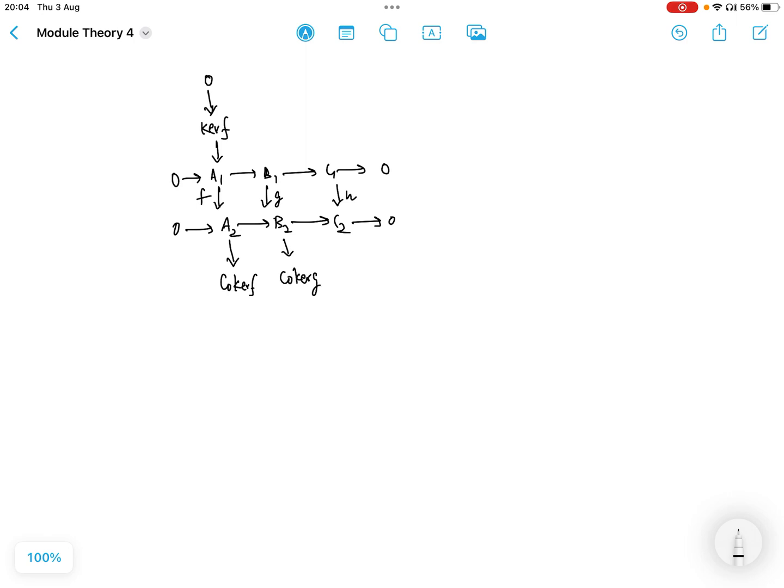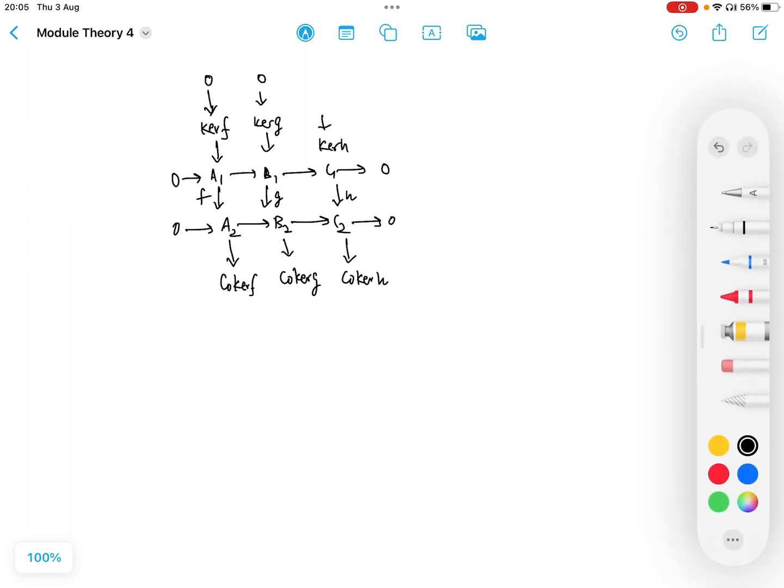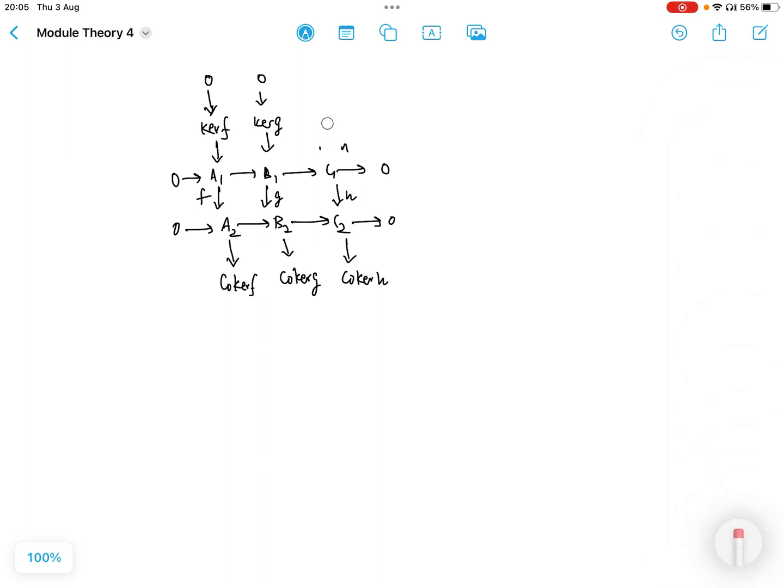Okay, so similarly you can do it here, where these maps are the natural projection map. Okay, and same thing you can do. You have to take this kernel of F and this kernel of G, and this is the kernel of H, right?